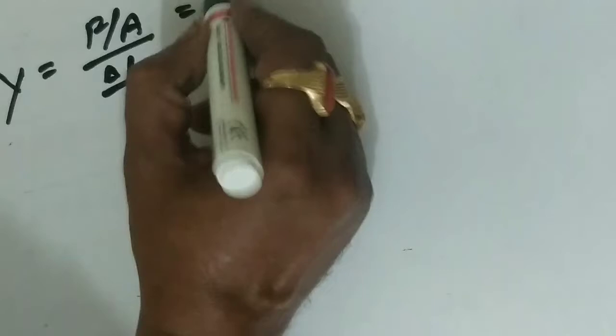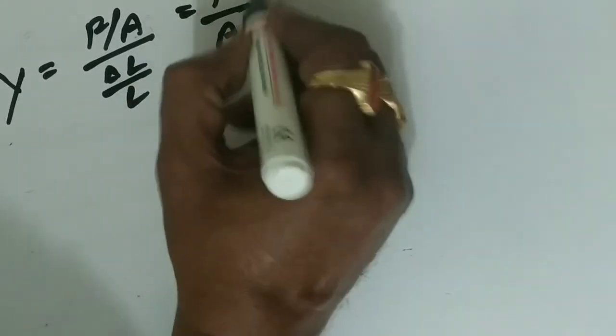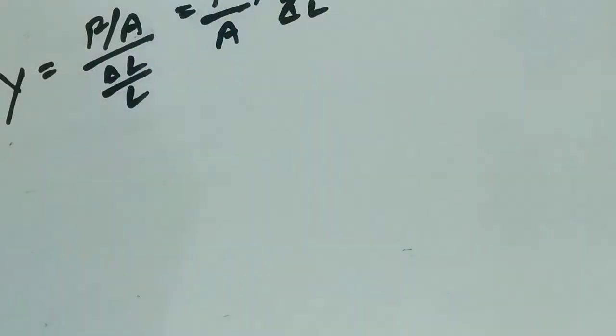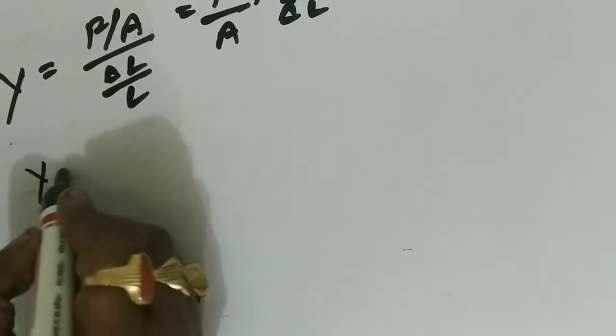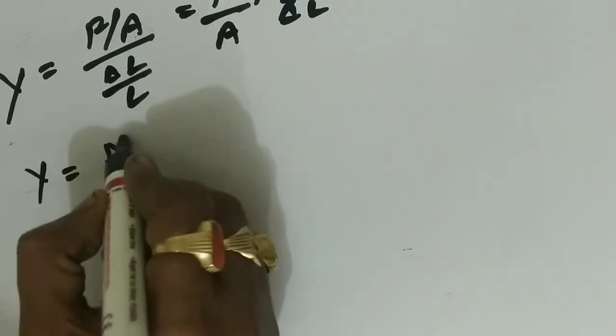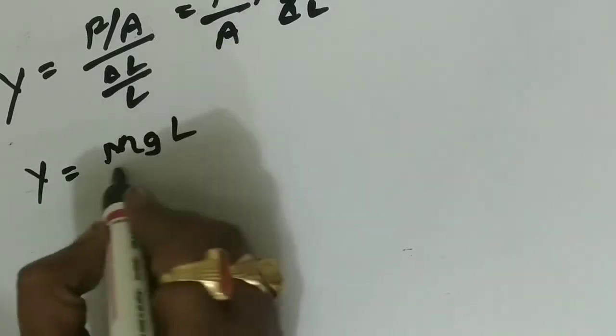We know that Young's modulus equals the normal stress to the longitudinal strain, delta L by L. So I write F by A, L by delta L. F is nothing but force. Force is nothing but weight. Weight equals mg, that is L, area A, change in length.